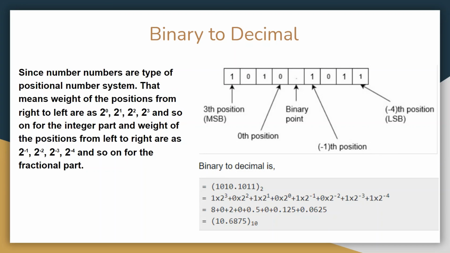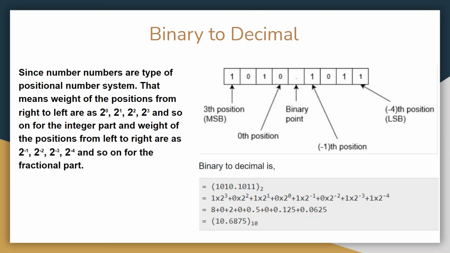In the 3rd position there is 1, so we multiply 1 by 2 to the power 3. In the 2nd position there is 0, so we multiply 0 by 2 to the power 2.